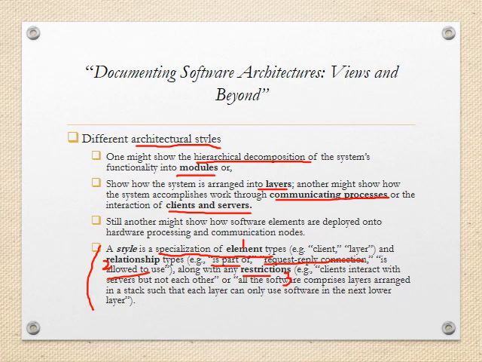And the restriction, for example, we can put some restriction on the communication between components or elements. Clients interact with servers but not each other. All the software comprises layers arranged in a stack. These kinds of restrictions we can put in our design or our style.